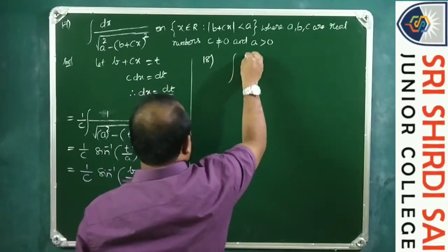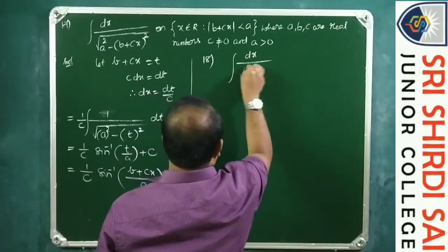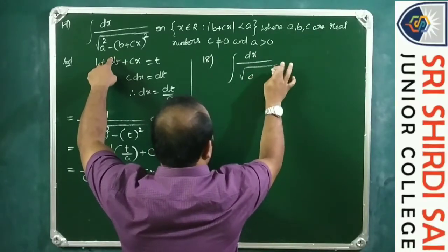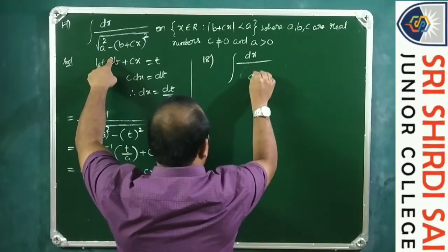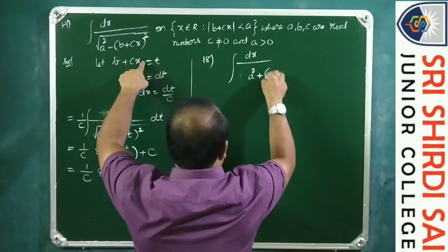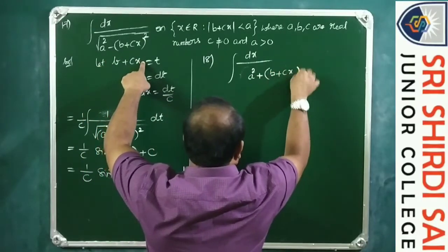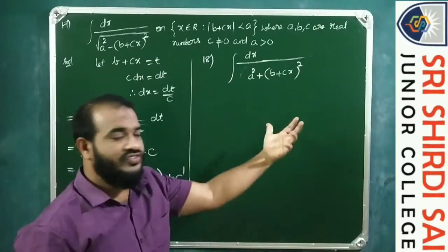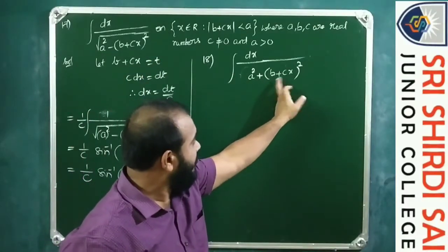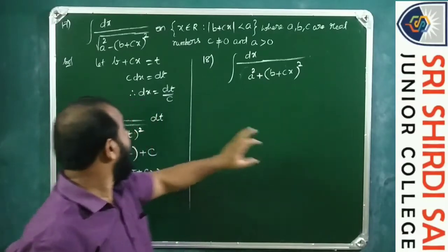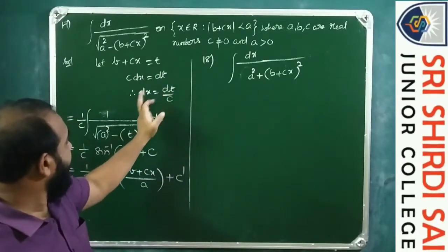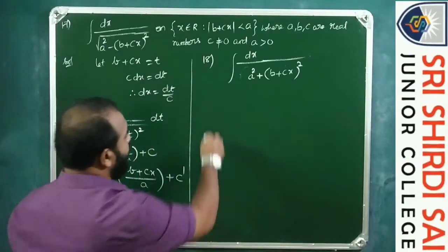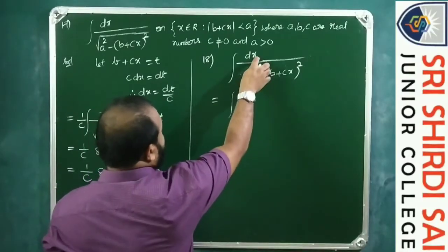Integral dx by square root of a square plus b plus cx whole square. Here the whole process is the same. So this b plus cx is to be taken as t, c dx equals dt, dx equals dt by c.